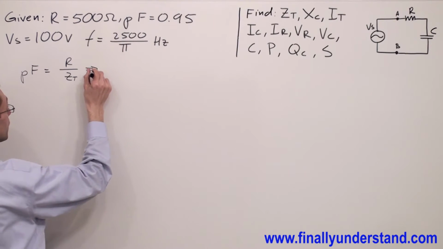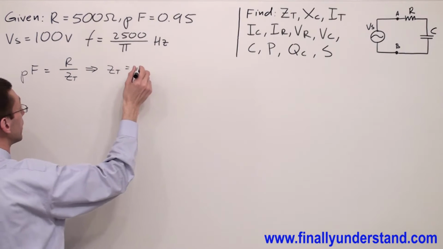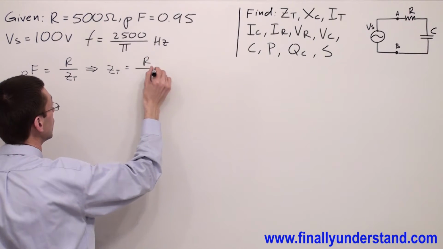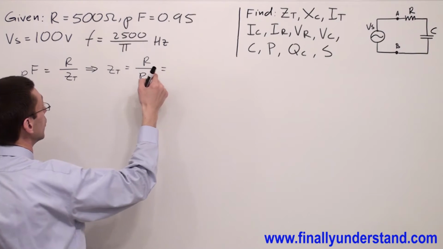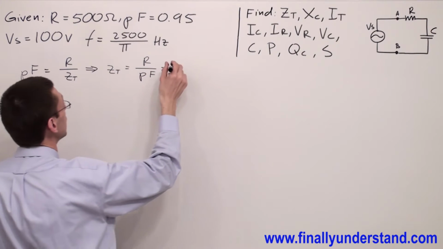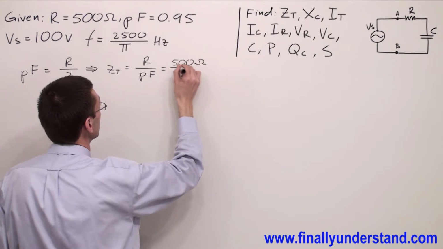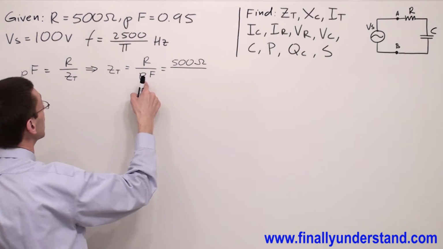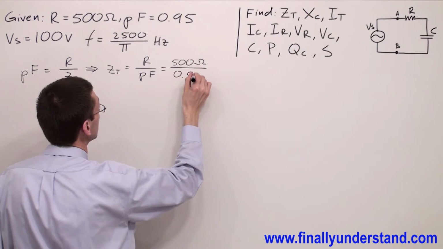Use algebra and write that Z total is equal resistance over power factor, where resistance is equal 500 ohms and power factor is equal 0.95.